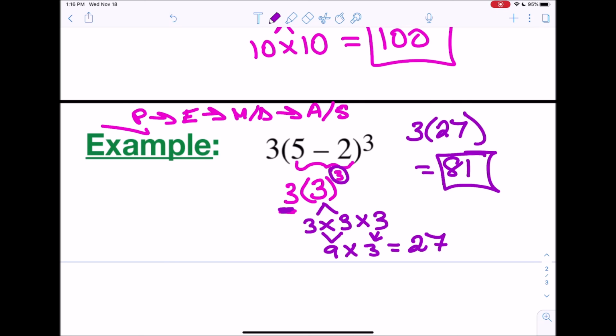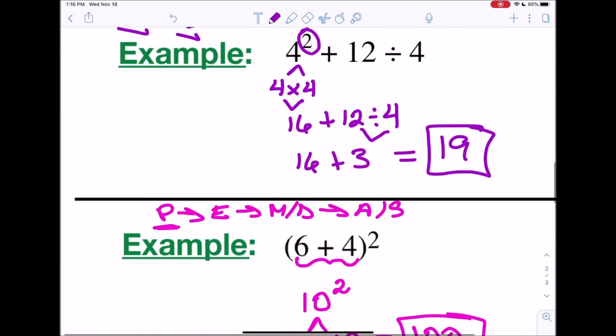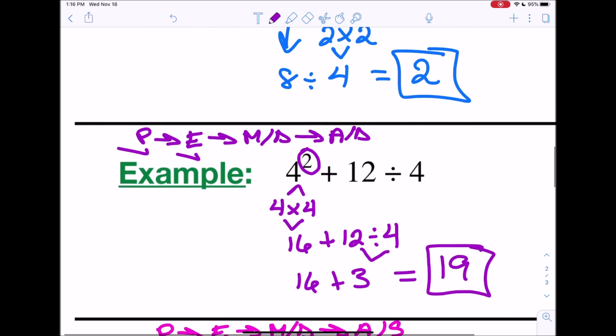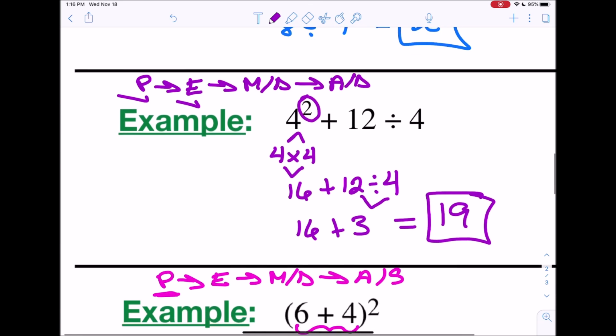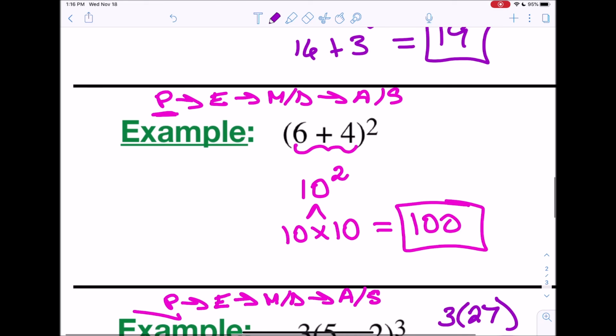Okay, so if the exponent is on a number, it tells you how many times that base number is being multiplied to itself. If the exponent is outside of the parentheses, order of operations says that's okay, take care of the inside of the parentheses first. When you have that answer, then do the exponent of it.